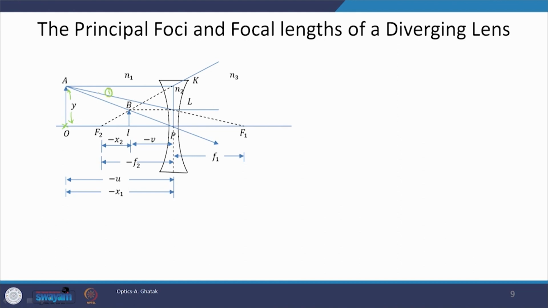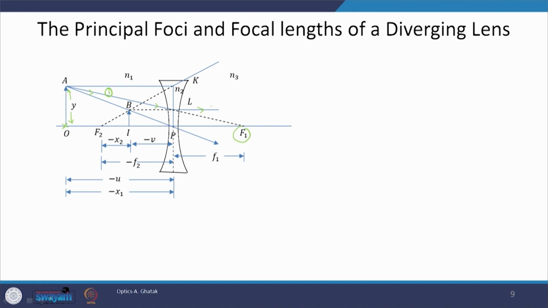The first focal point resides on the right hand side of the lens, which is here. The ray will start from point A and pass toward it, but since the medium of the lens is different here, after refraction it will be parallel to the axis of the system.